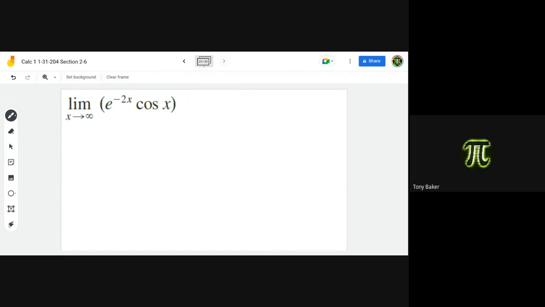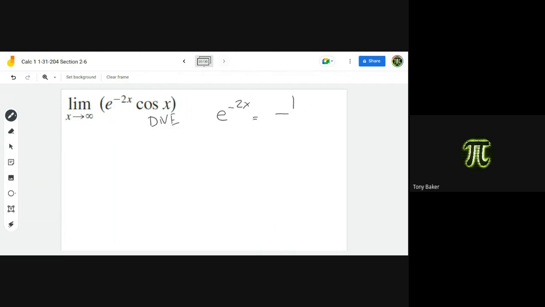So as we look at this one, the cosine as it goes to infinity oscillates, correct? So this one doesn't exist really, right? What's e to the negative 2x?